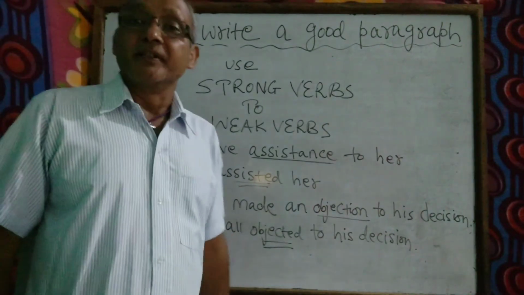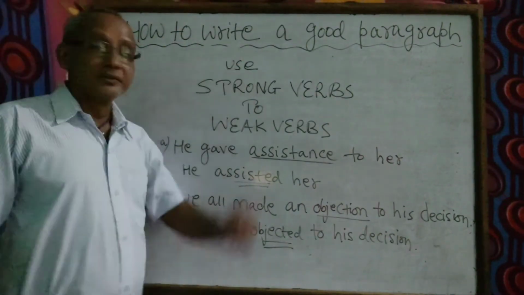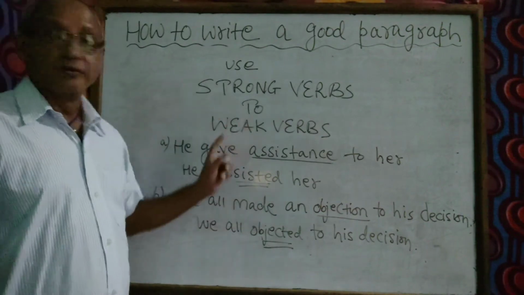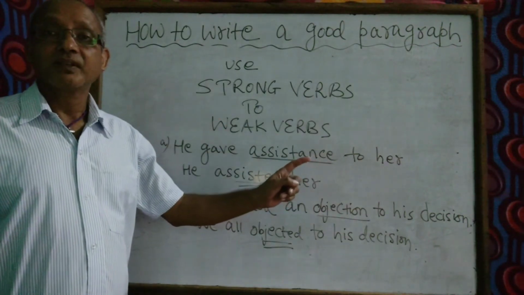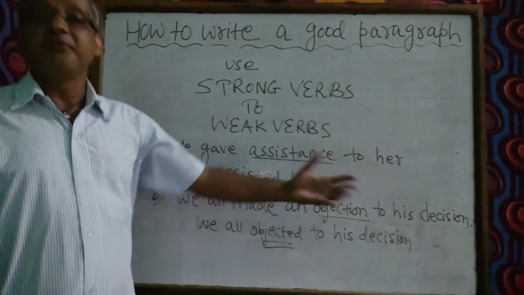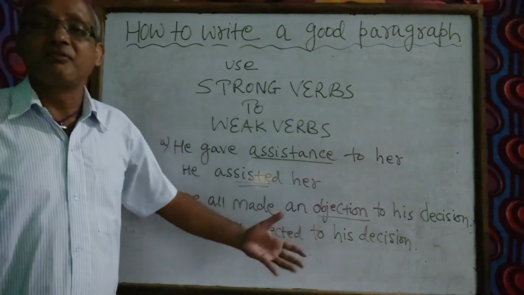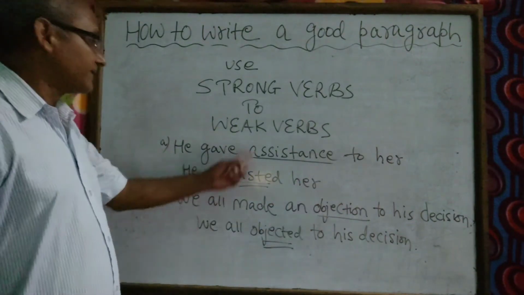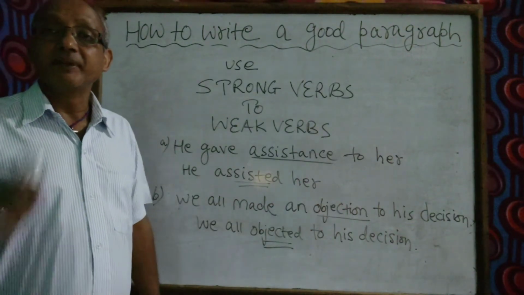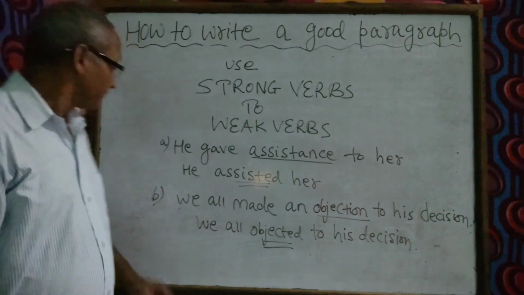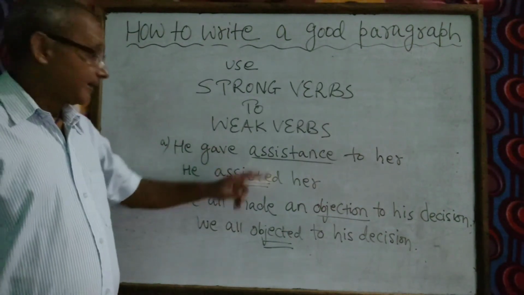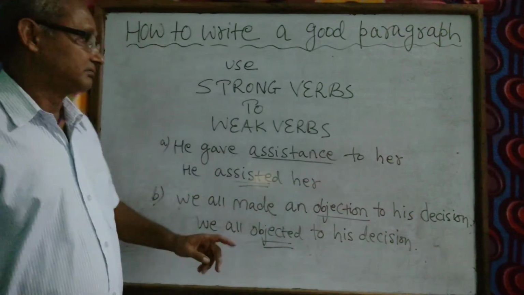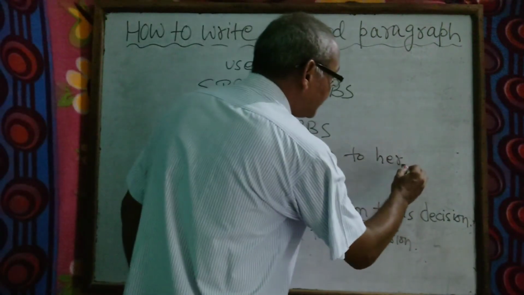Last but not the least, let's use strong verbs instead of weak verbs. Now, what do you get when I say strong verbs and weak verbs? This example will definitely make you understand. See here. He gave assistance to her.